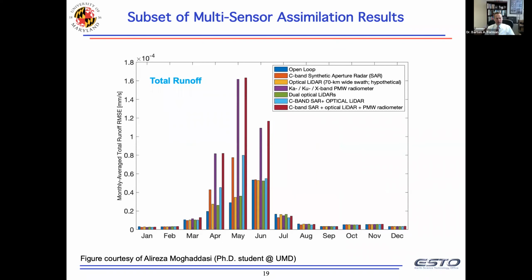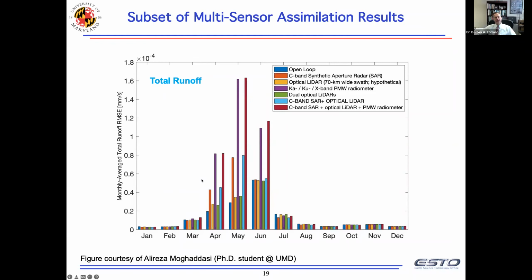And if you are really interested in the integrated hydrologic response, of course, we have runoff as part of our scenario. These are statistics relative to the synthetic truth. It looks like for some of these scenarios, particularly all of the scenarios with the radiometer, the purple, which is the radiometer only, or this maroon dark red, which is the triple variant including the radiometer, we see that the root mean square error timing of the runoff is actually degraded.